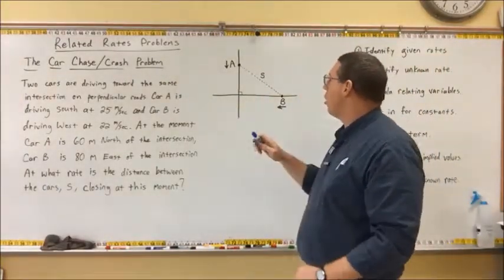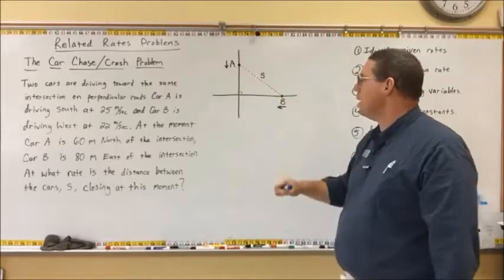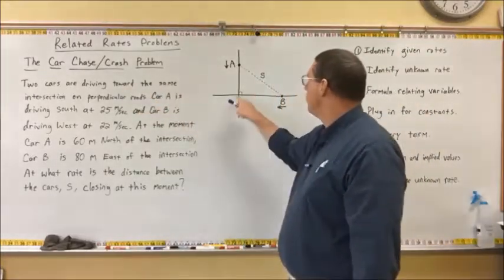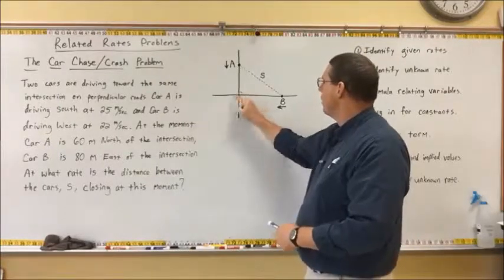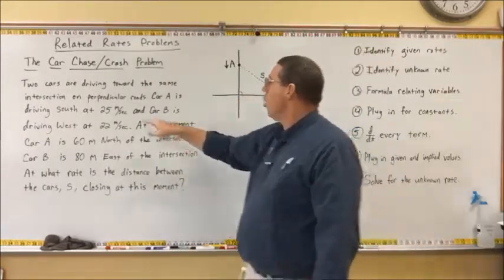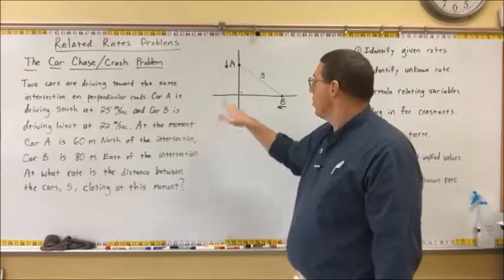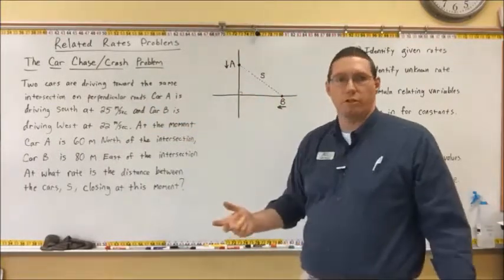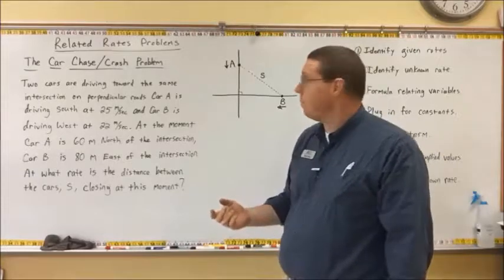It says two cars, car A and car B, are driving toward the same intersection. There's the intersection right there, intersection of two perpendicular roads. So this road is perpendicular to this road, which means it creates a right triangle. Very convenient, right?